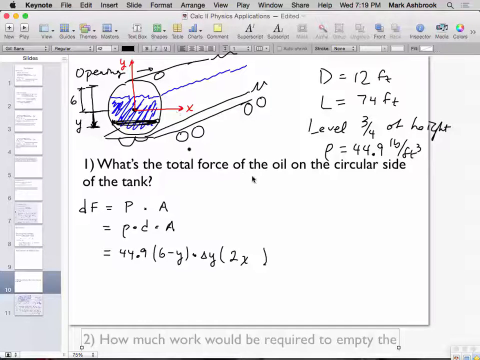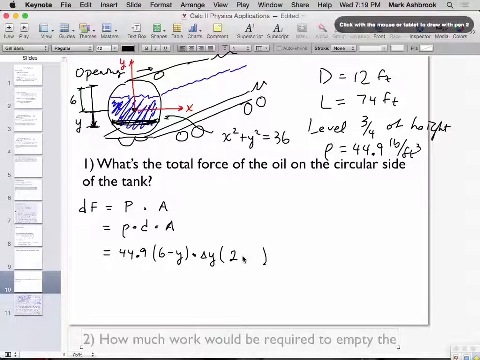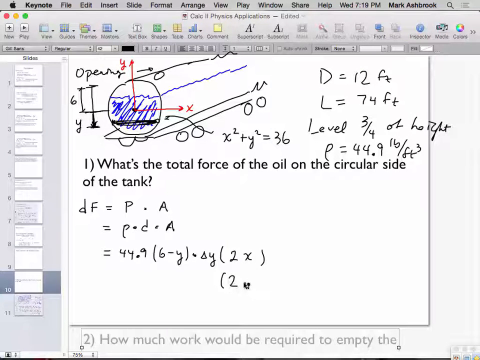So the equation of this circle is x squared plus y squared equals 36. So we need to solve for x in terms of y. So 2x is going to be 2 times the square root of 36 minus y squared.